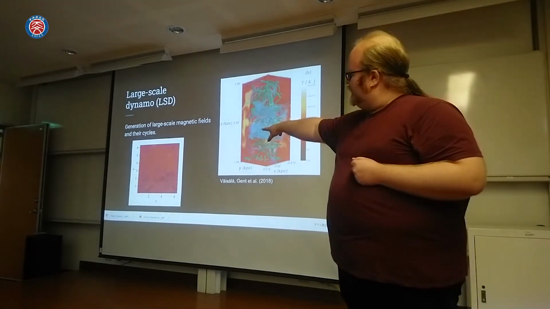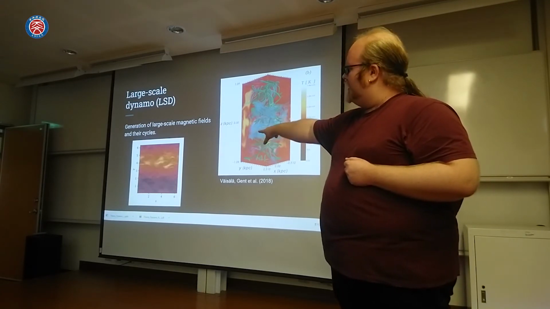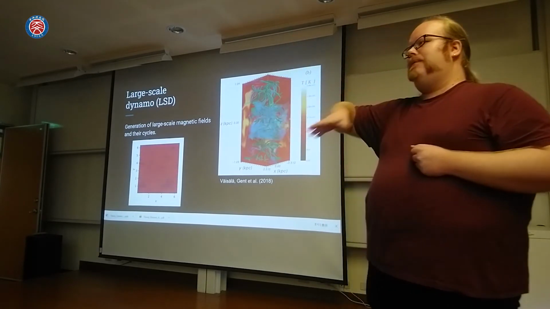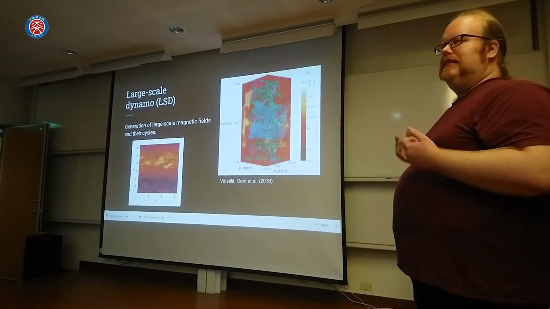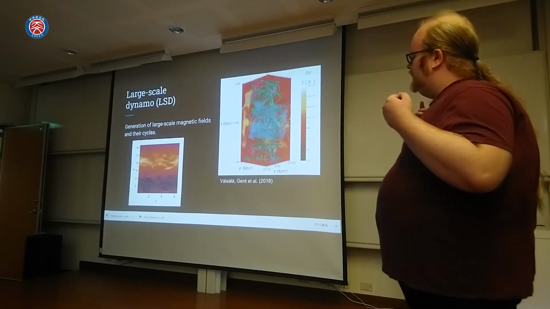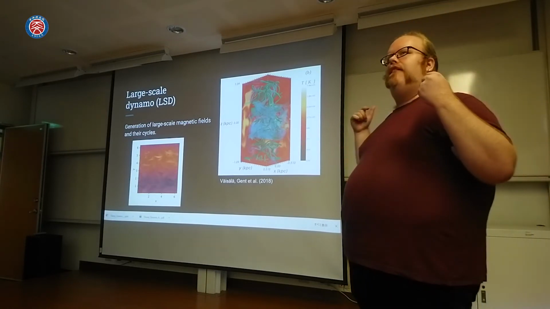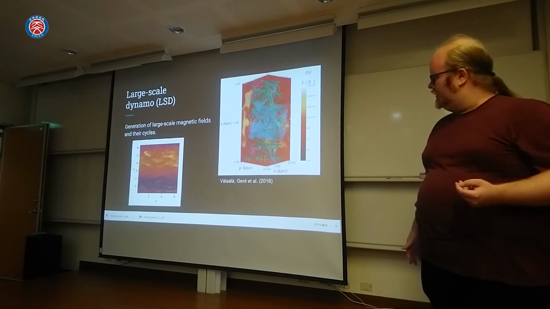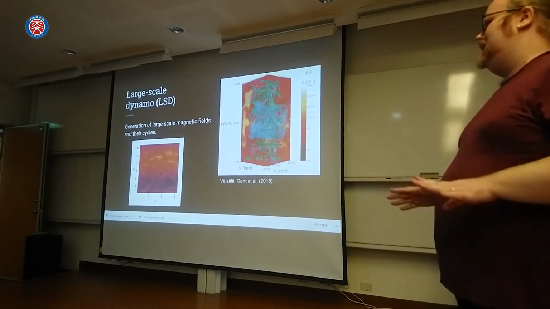So you start with small scale turbulence, and then you can see magnetic field in one direction. You can see this single wave emerging here, this large scale dynamo wave emerging from a chaotic nonlinear process. So these are the phenomena I'm basically examining.